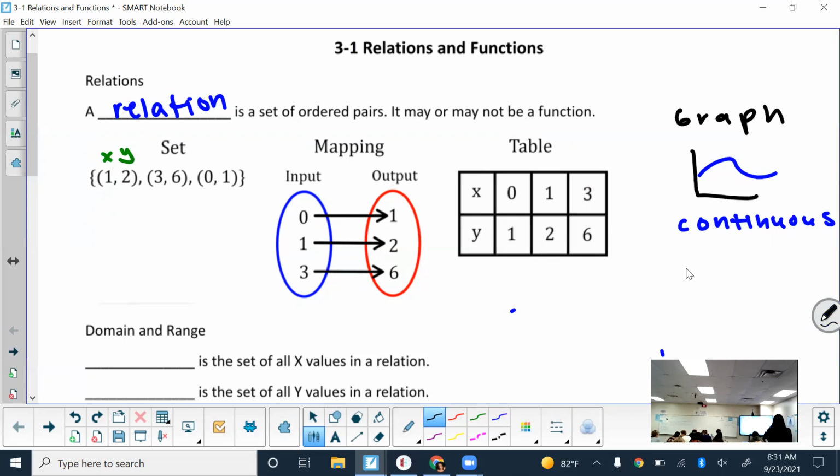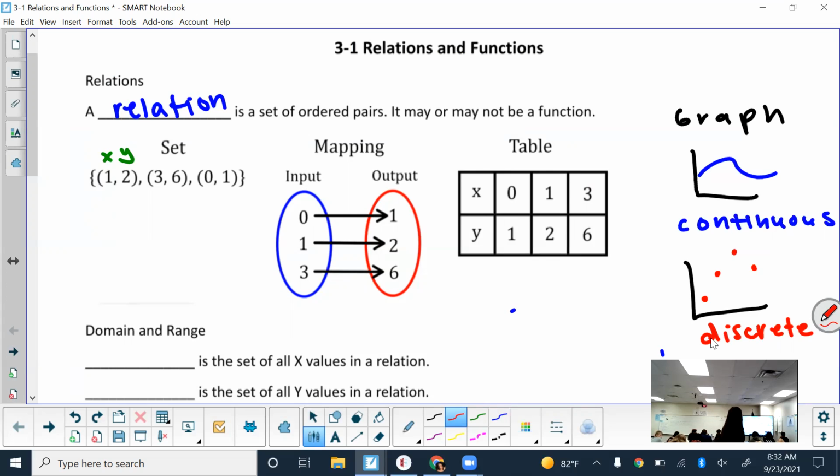But then we also have discrete graphs, which would look basically like dots. Separate data points would be a discrete graph. And that type of data would be, say, shoe size, right? It's either 8.5 for your size or 9. It's not 8.75.